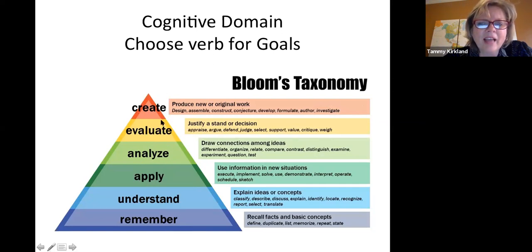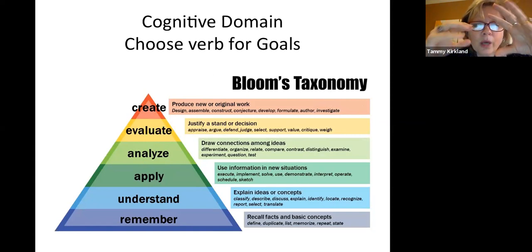And I teach student teachers, and sometimes, for example, if you say create a fraction, and all your students do is put 1/3, a numerator over a denominator, that's not a DOK4, okay? So when you come to one of these verbs and you're creating your goals, make sure that they are really doing that.